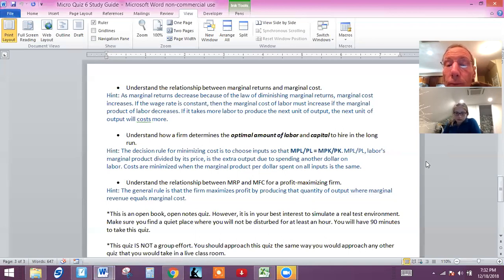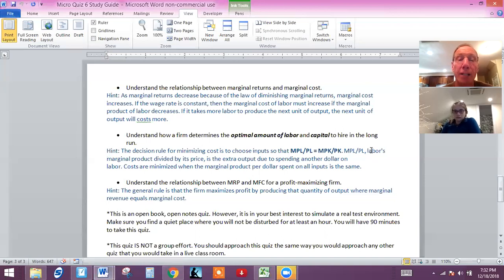So if the next unit of labor is producing, if the marginal product is 20 and the price for that is 10, that's 2 to 1, isn't it? So that's 2 to 1. So if the marginal product of the capital is 10, then the price has to be 5. In other words, the ratio has to be the same. Okay.